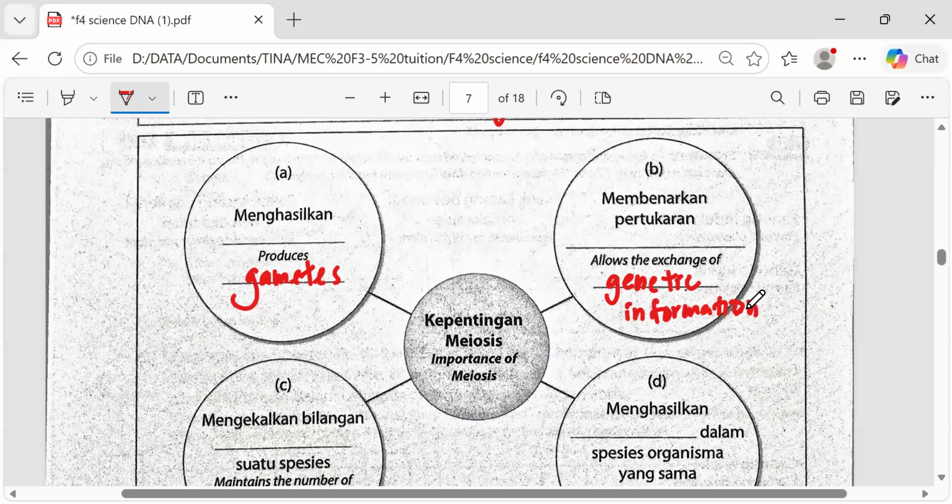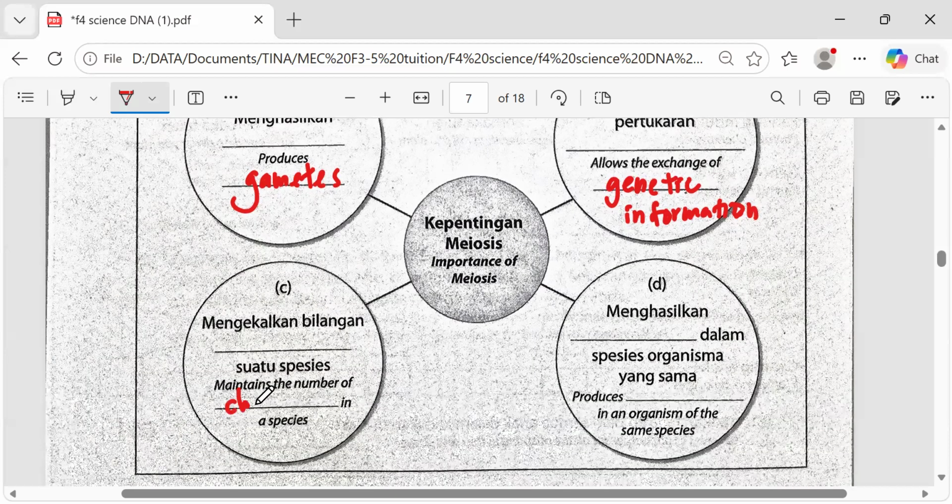It maintains the number of chromosomes in a species.